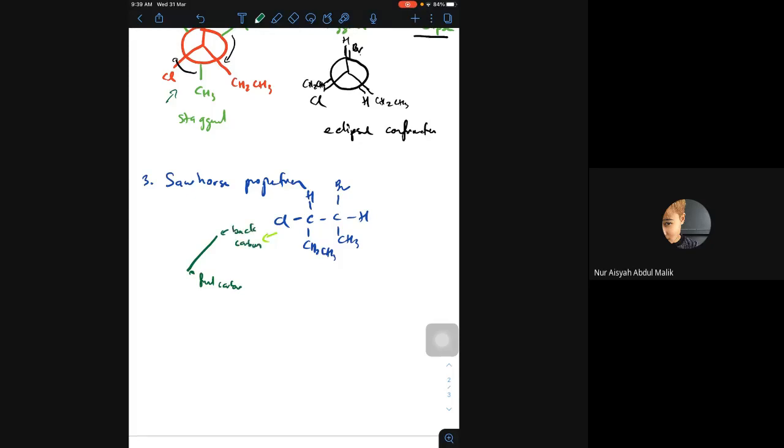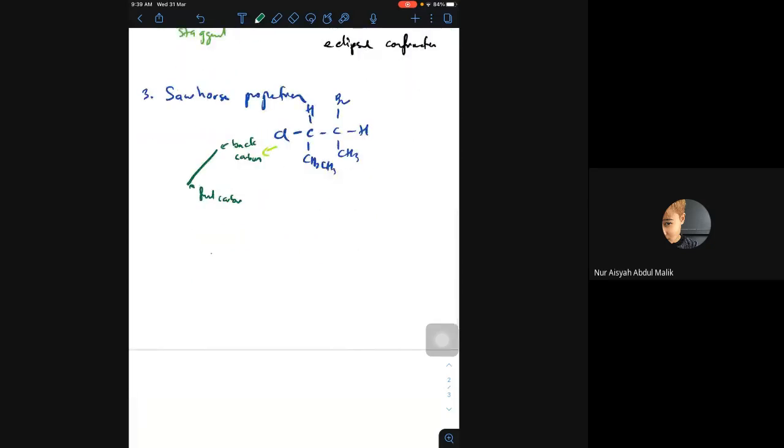Once you have this line, you can draw the atoms or groups of atoms attached to it.